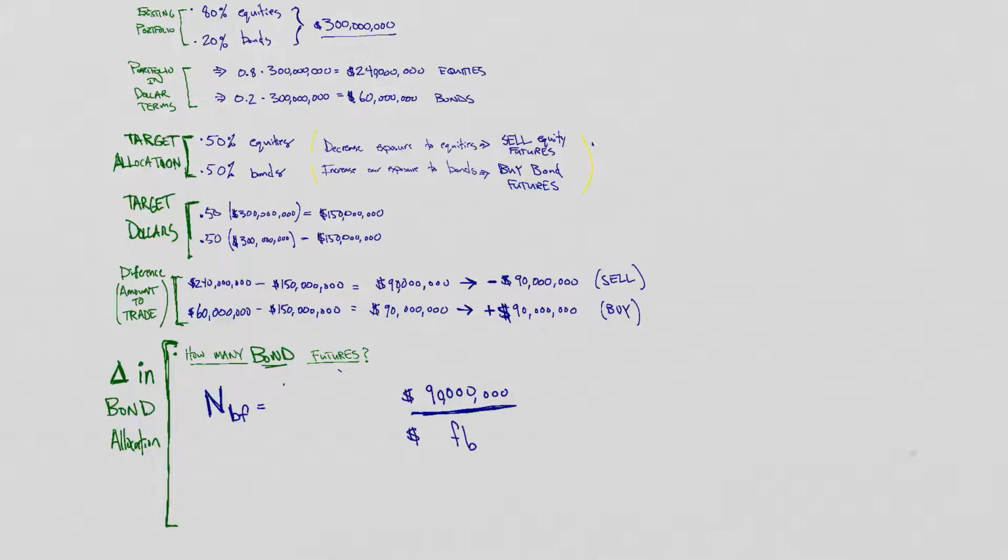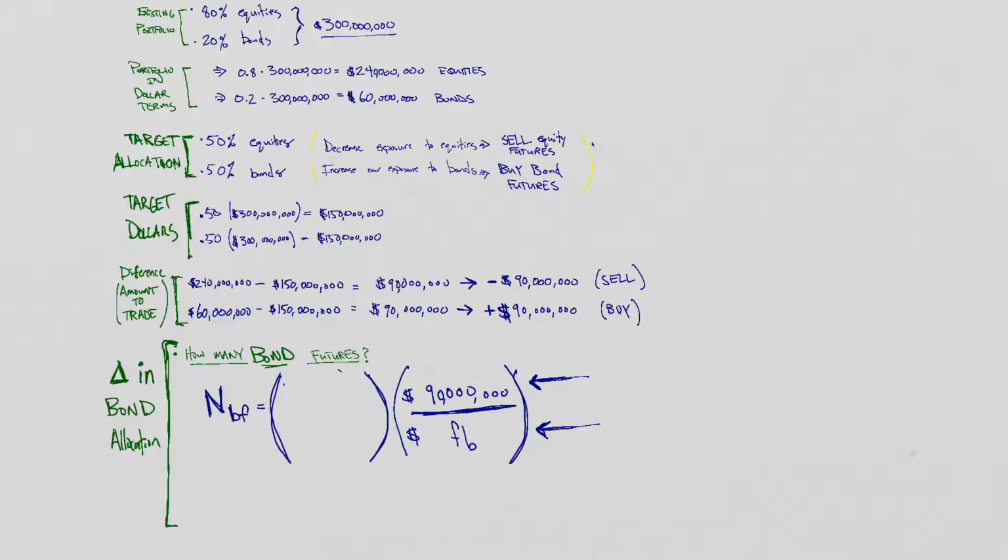But we then need to scale that not by an equity beta difference, but a difference instead of the modified duration of the two different portfolios, or the modified duration of the underlying portfolio versus the modified duration of the futures position.